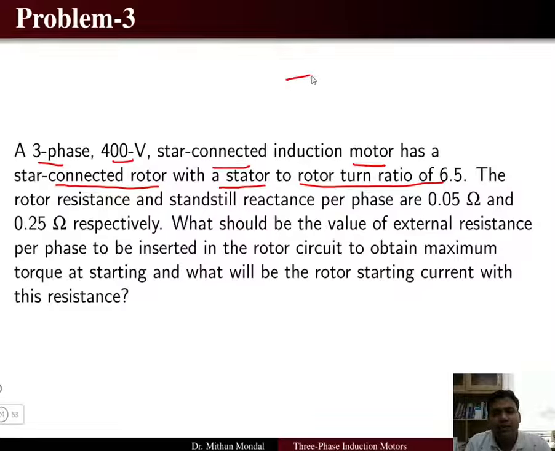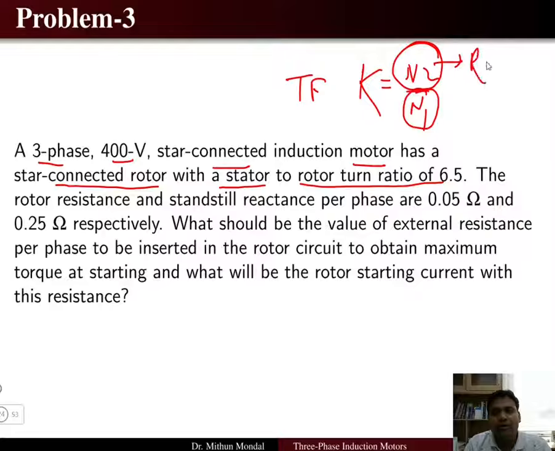Similarly in a transformer, we know that the transformation ratio is equal to N2 by N1, where N2 is the number of turns in the secondary winding and N1 is the number of turns in the primary winding. Here 2 will become your rotor and 1 will be your stator.